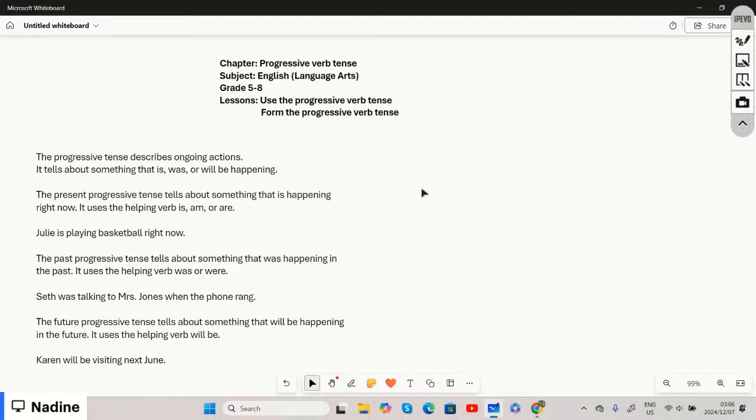And remember, whenever we talk about tenses, it will tell you if it's in the present tense, the past tense, or the future tense. Those are your tenses, firstly. And remember, a verb is a doing word. It's the action that is either being done or the action taking place in the present, in the past, and in the future tense.